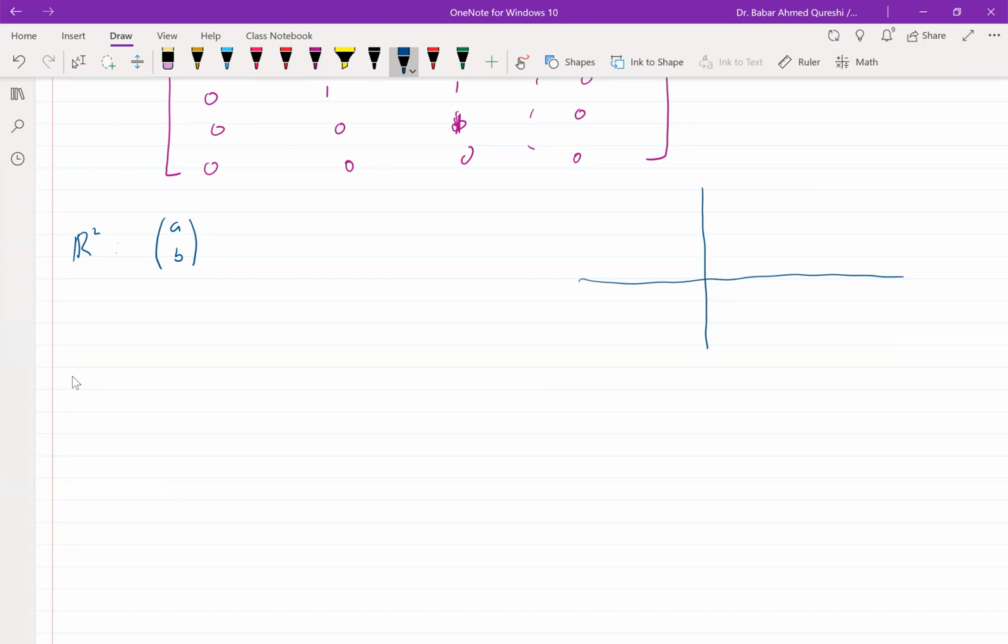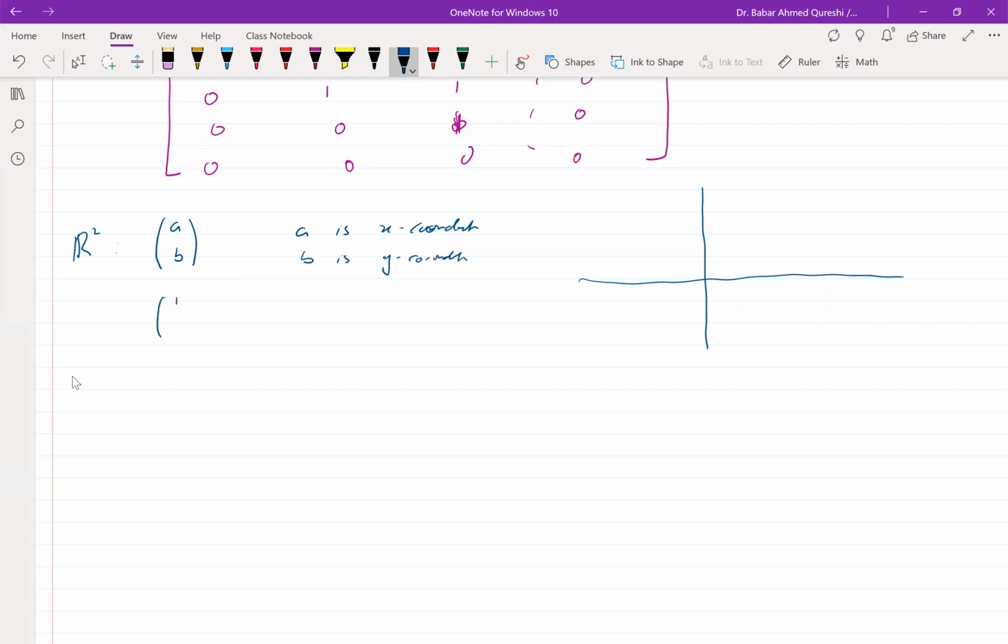So the first number, think of it as the x coordinate, and the second number, think of it as the y coordinate.